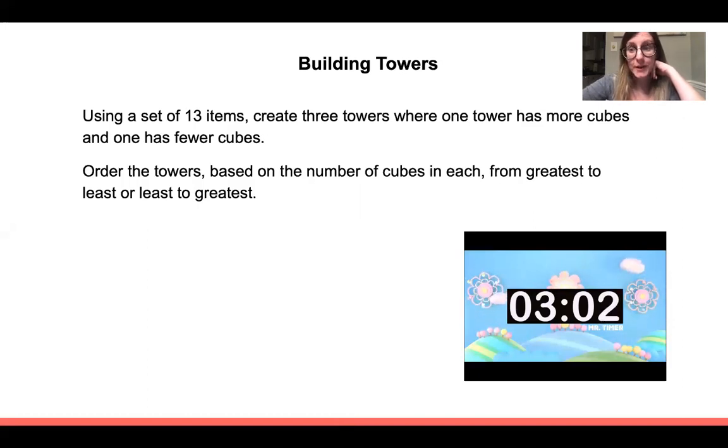Remember, if you think of one way, draw it and then think of another way to make your city have 3 different towers and put them in order from least to greatest or greatest to least.